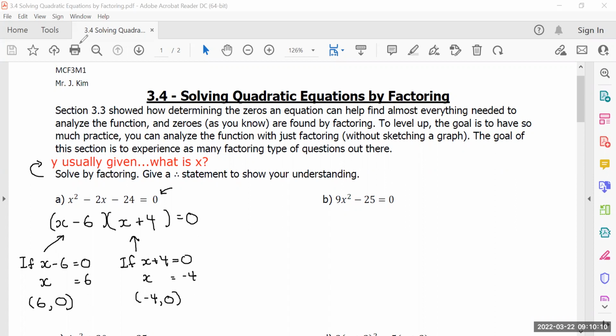Another way I can write this is my final statement. Therefore, y is equal to 0 when x equals 6 or -4. That's a better way to write it.